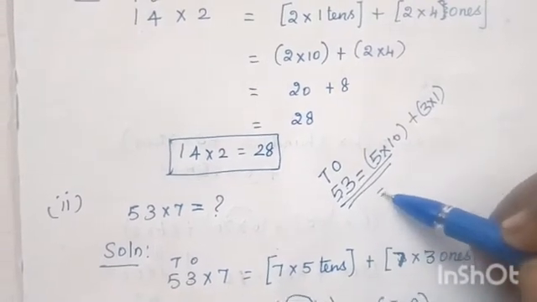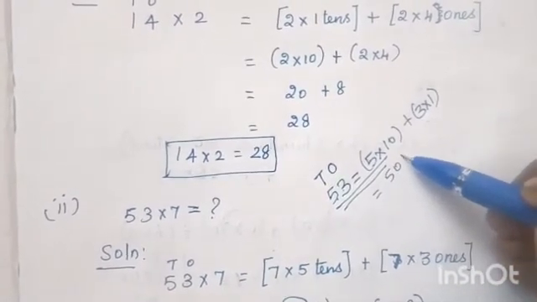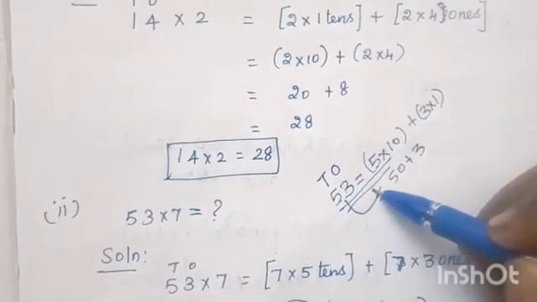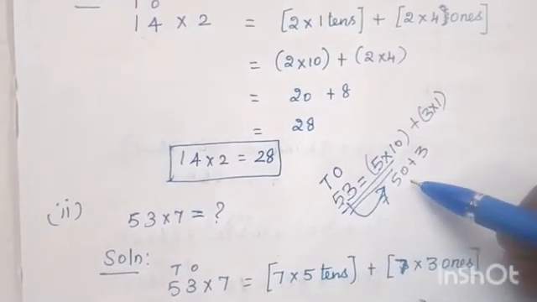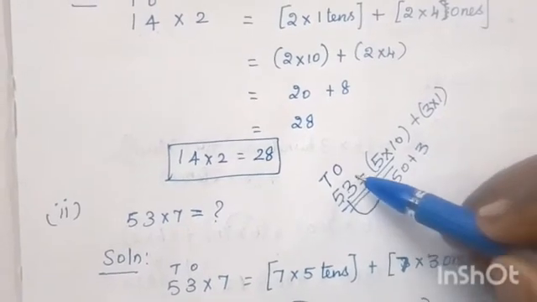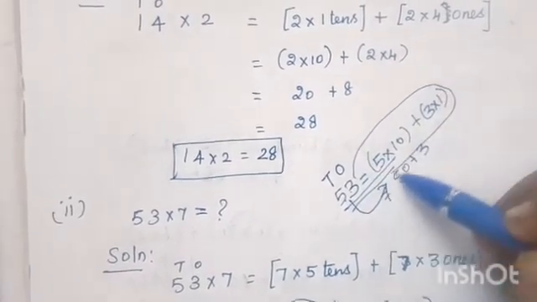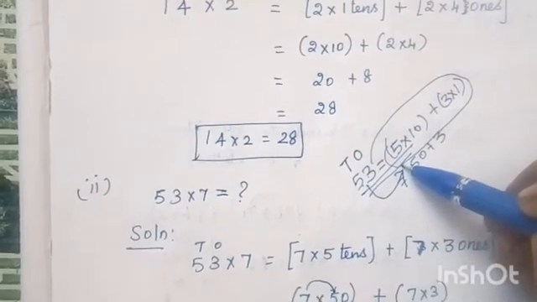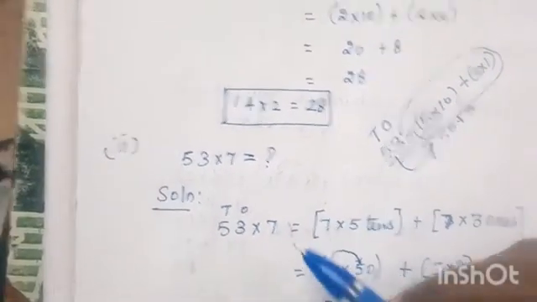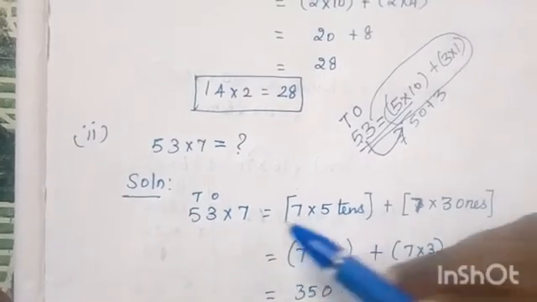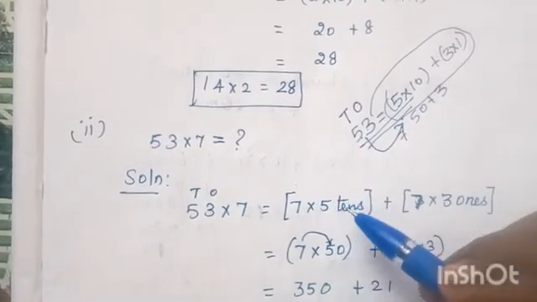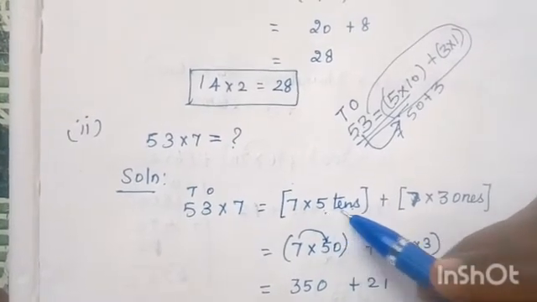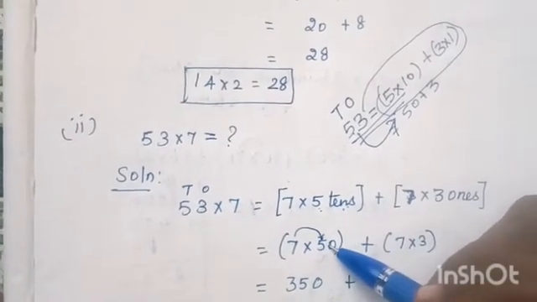So that is equal to 50 plus 3. The same expanded way we will use for this regrouping method. Now this 5 tens is written as 50. 5 tens means 5 into 10, 50.